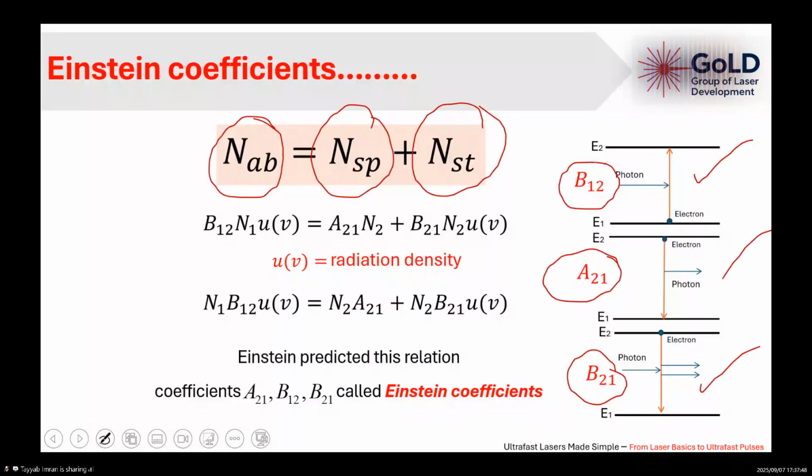In absorption, it goes from energy level 1 to energy level 2, so 1, 2. If we substitute and make an equation like this, what this shows is that something external is involved.